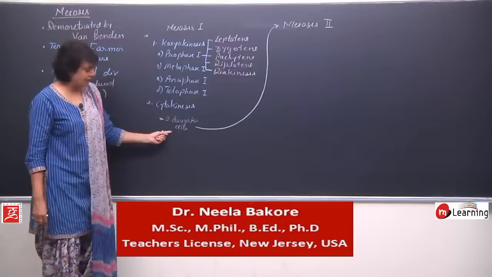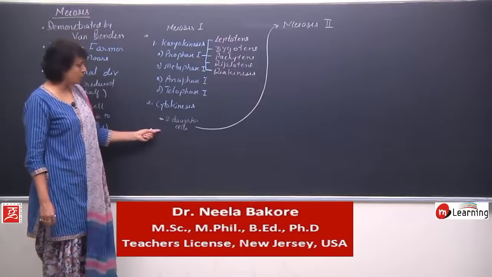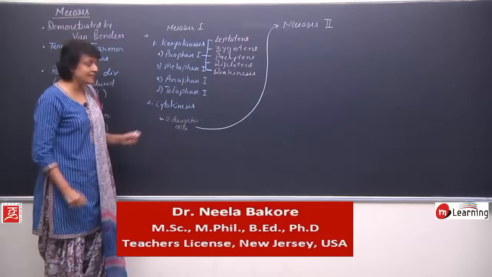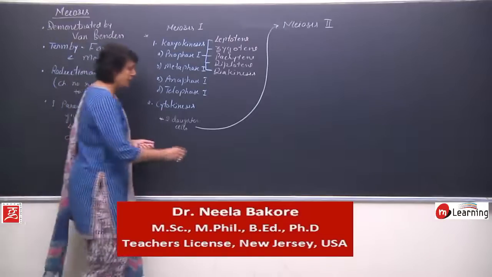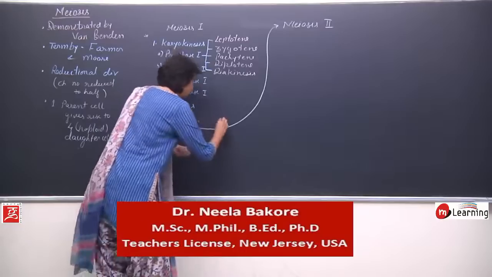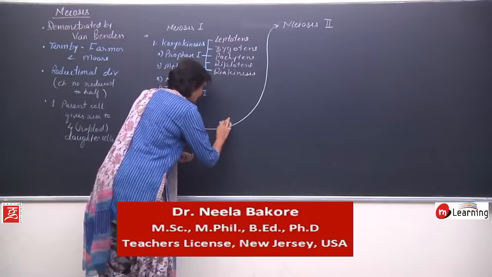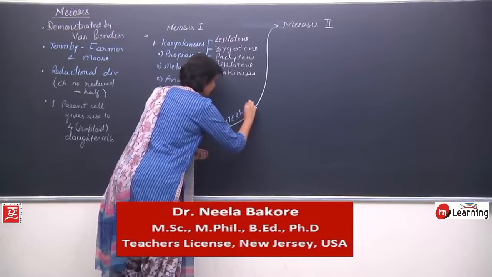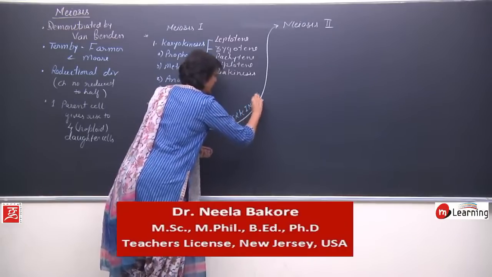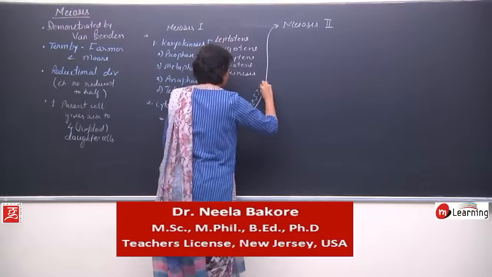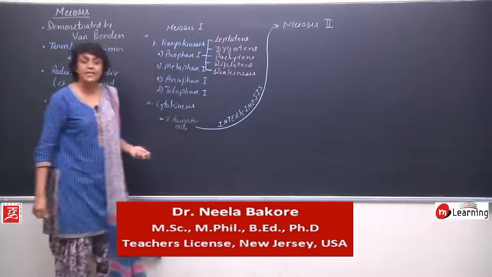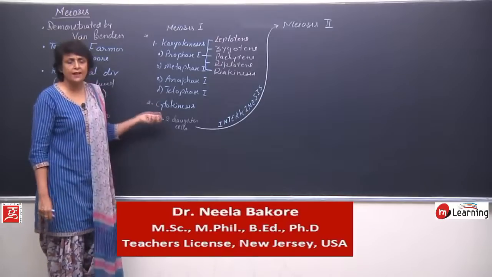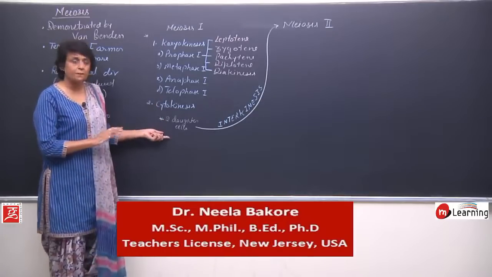In this case, that means these 2 daughter cells which are formed, they do not undergo interphase. Instead, they undergo a phase which is known as interkinesis. Interkinesis has only growth part, that is accumulation of proteins, RNAs, everything will take place.